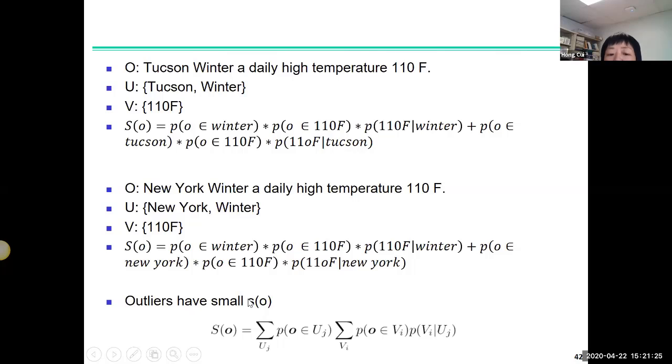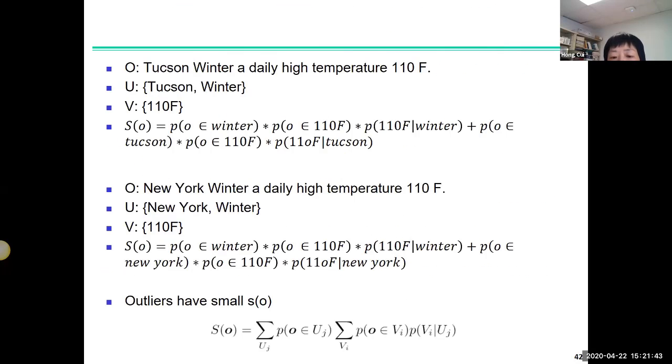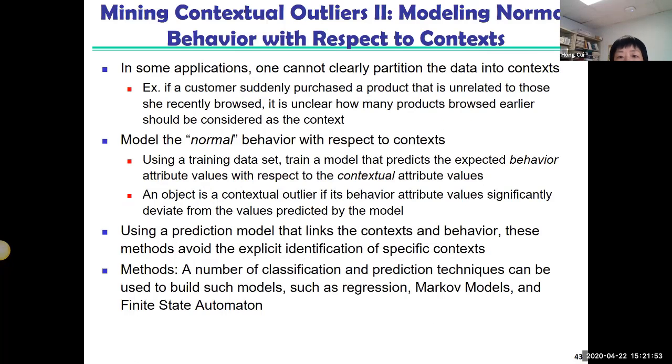So the smaller the score, the greater the chance that the observation is an outlier. I hope this example explains that formula in a more intuitive way, that after you learned the model, you can more precisely estimate the probability for those values.